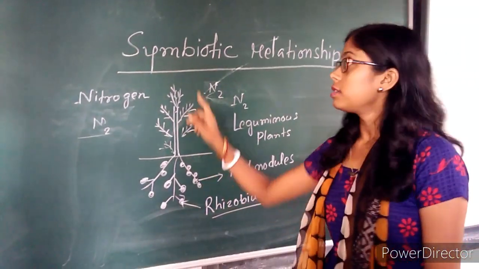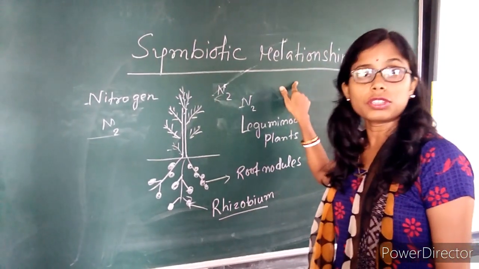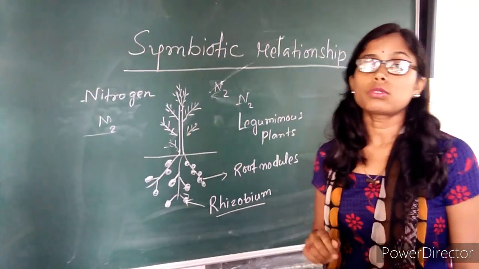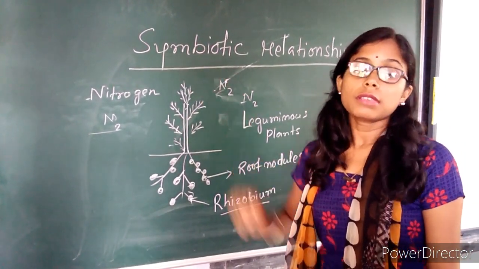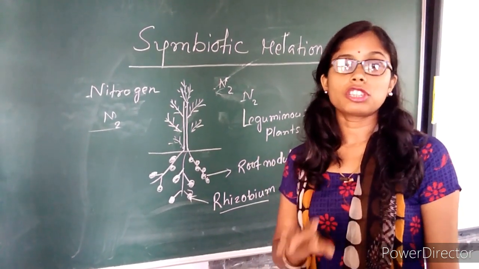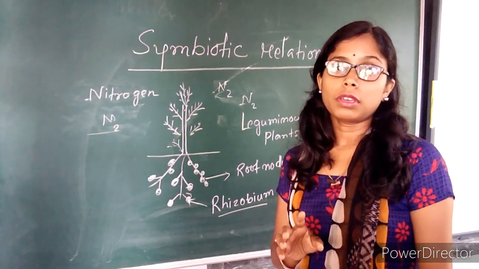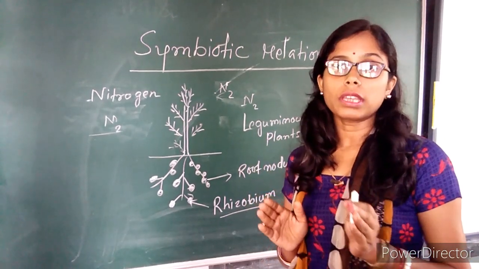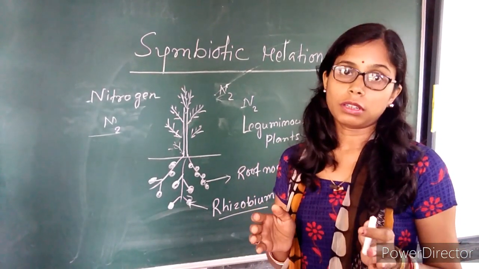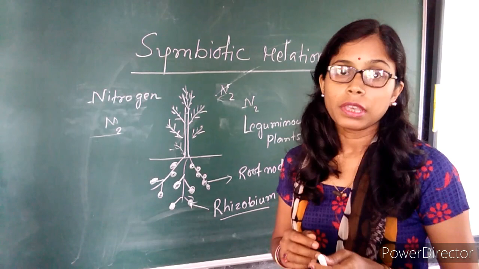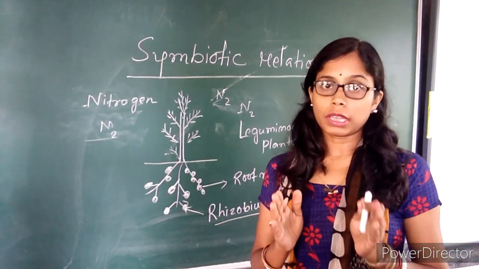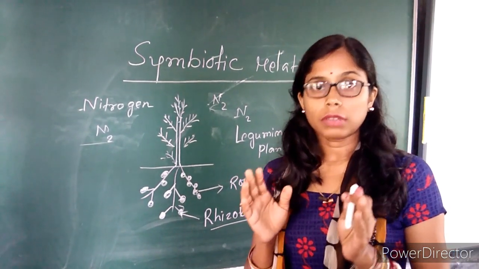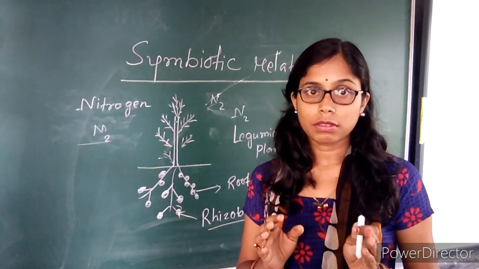Our next topic is symbiotic relationship. First let us know what is symbiosis. Symbiosis means a relationship between two organisms where both organisms help each other for their survival. Like host and parasite, we have learned. Both of the organisms have different functions.